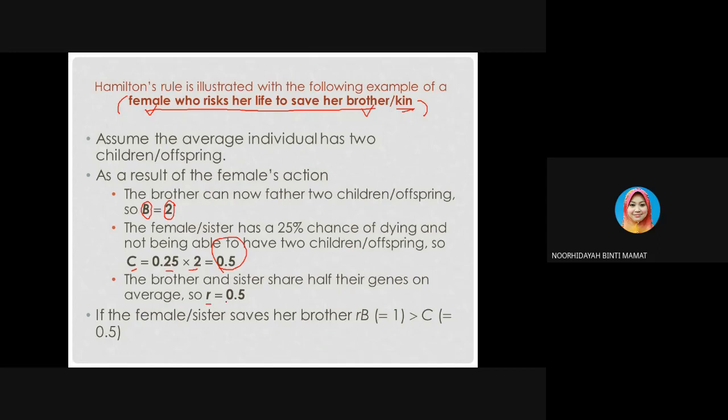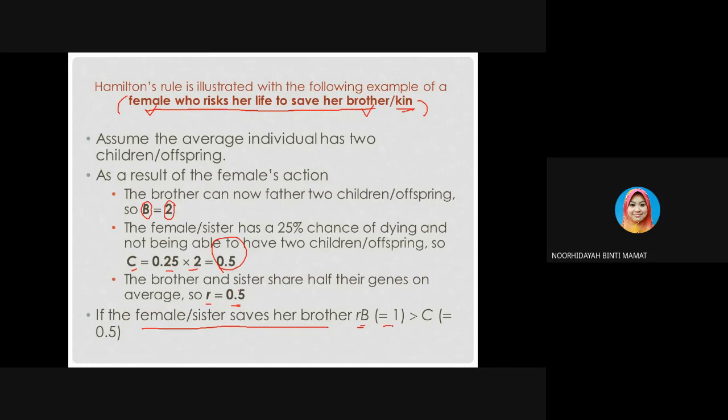So R is 0.5, because the parents contribute half their genes to each offspring. So the probability that genes are identical by descent for each step is 50% or 0.5. Okay, so if the female, the sister, saves her brother, in this situation, rB is equal to 1.